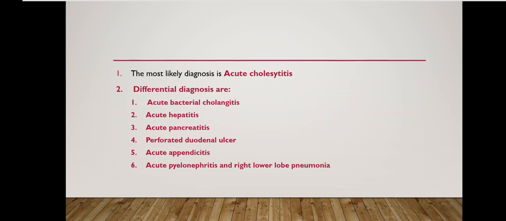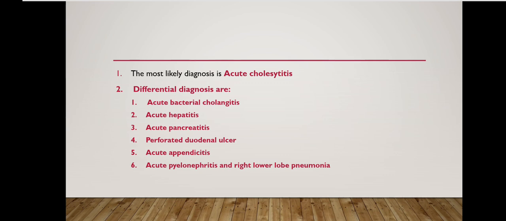Why not acute pancreatitis? In acute pancreatitis, there is also pain in the epigastric region with nausea and vomiting, but the nature of the pain is very sharp, and it is radiating towards the back. Why not perforated duodenal ulcer?